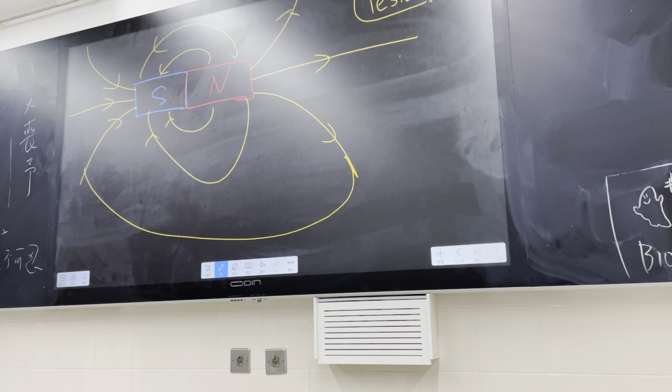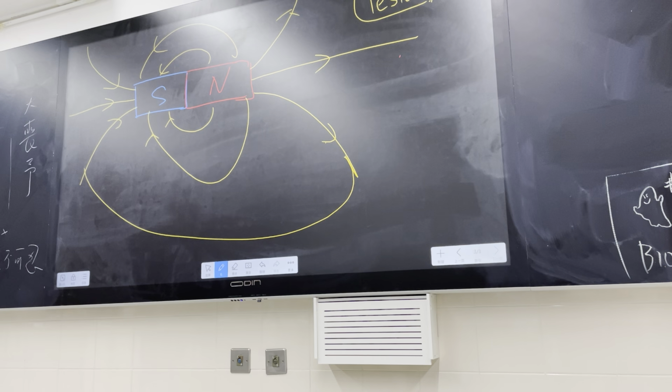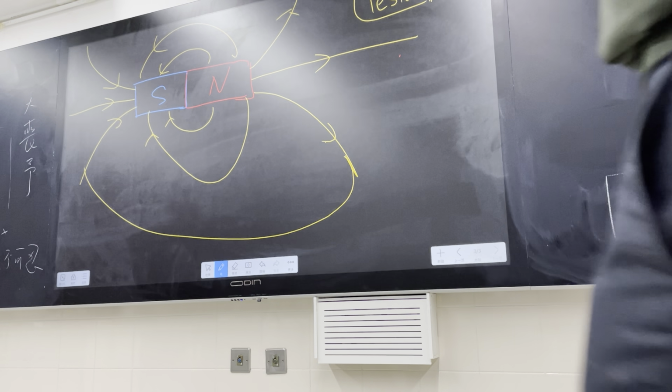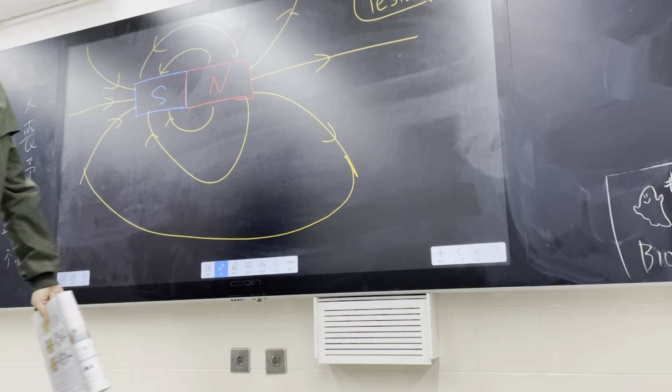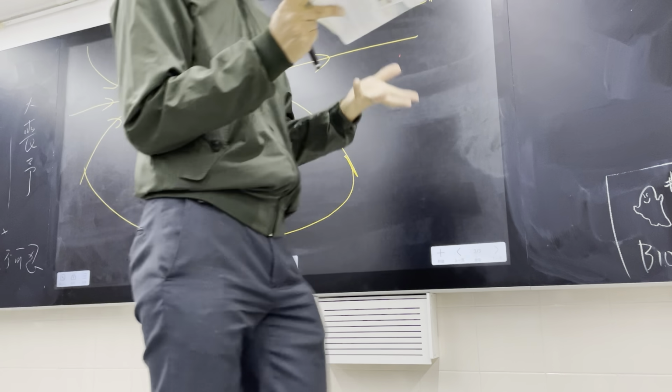And there are some different patterns of the magnetic fields. You can turn your book to page 195. Okay. So if you have two bar magnets, then you can treat them as positive charge and negative charge, and then you draw the magnetic field patterns. The North Pole is like the positive charge.